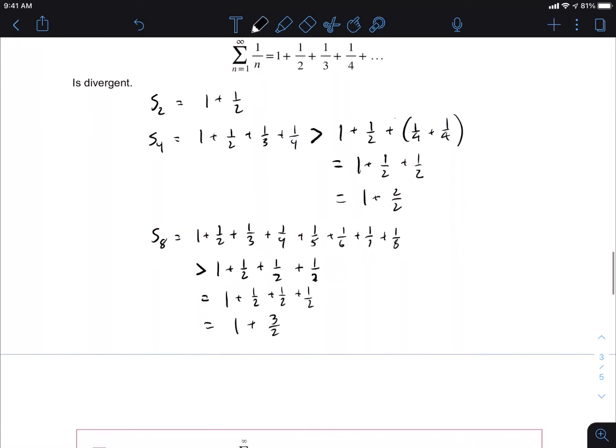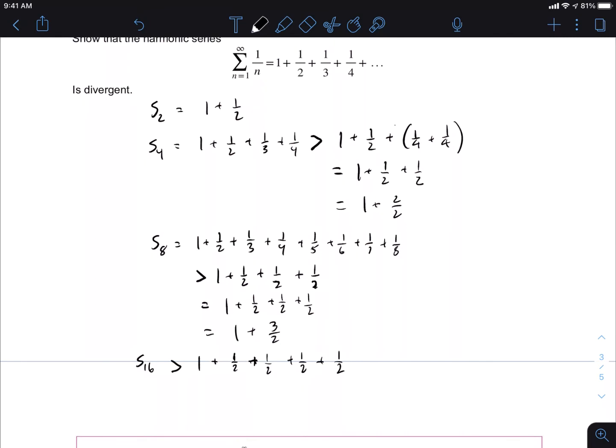The next one then, and I won't get too crazy, S16, is going to be bigger than 1 plus a half plus a half plus a half plus one more half. What I did with the last 1/9 through 1/16 is I made those 16ths so that I would get 8 of them over 16, which would add up to a half. What that ends up equaling is 1 plus 1, 2, 3, 4 halves.